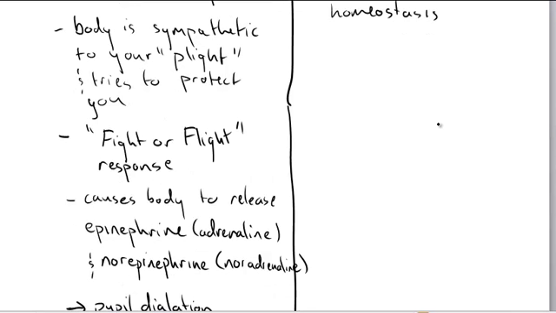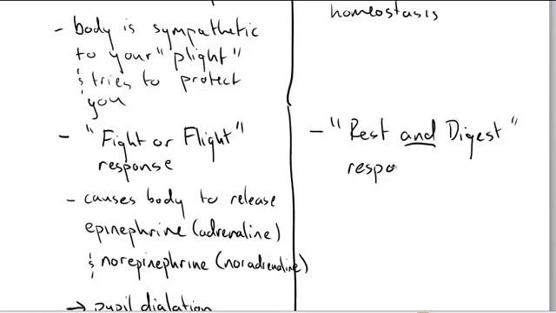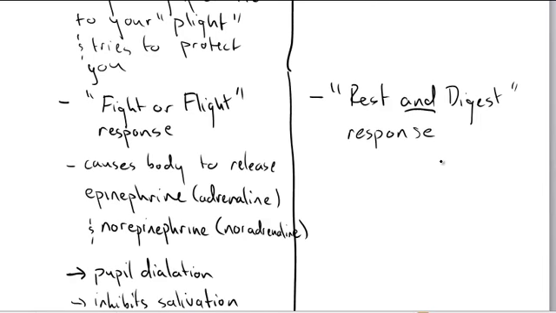This is often called the rest and digest, not or, but both. The rest and digest response, because that's what your body's most capable of doing when this parasympathetic system is involved.